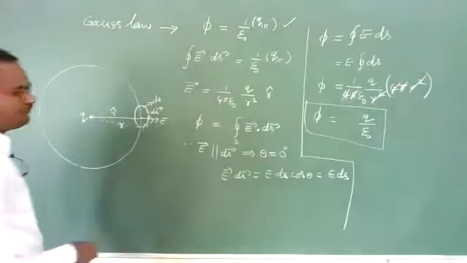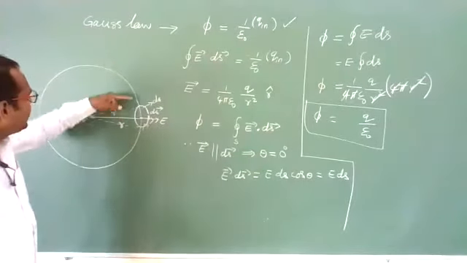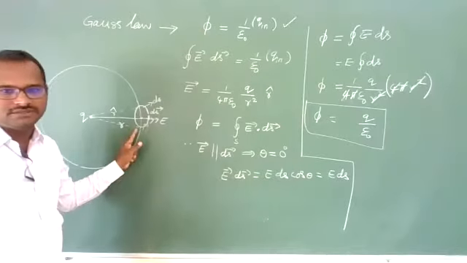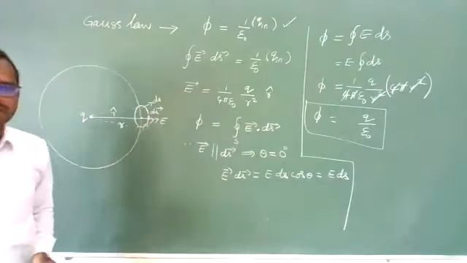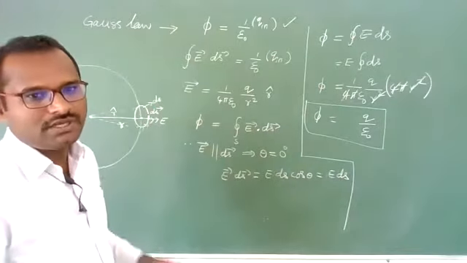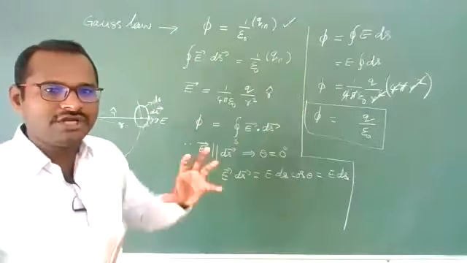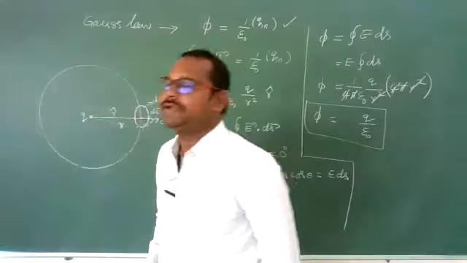And this proof we have considered for a spherical Gaussian surface. If you consider any shape of Gaussian surface, then also you will get the same proof. This proof is valid for any shape of Gaussian surface. You need to remember this point.